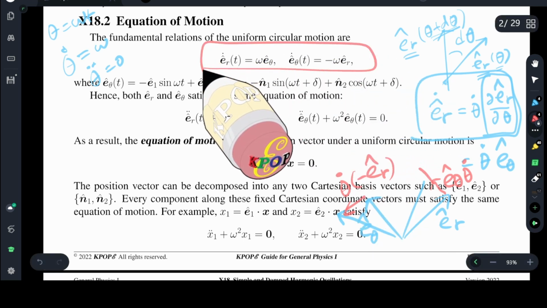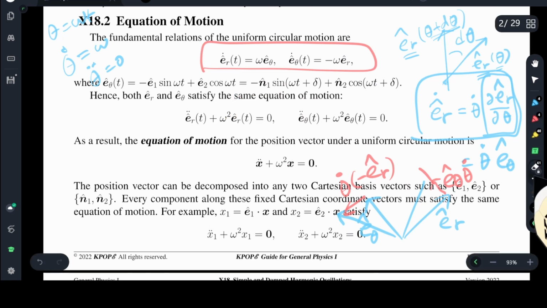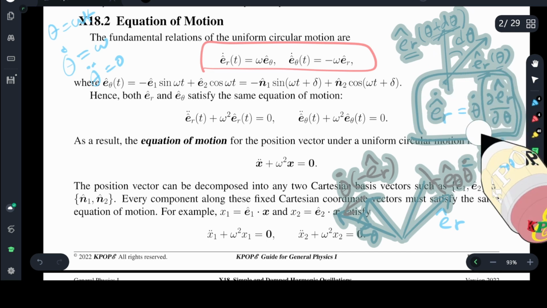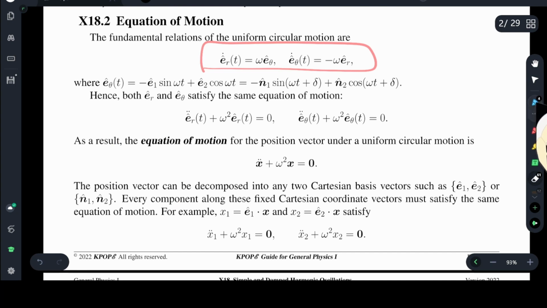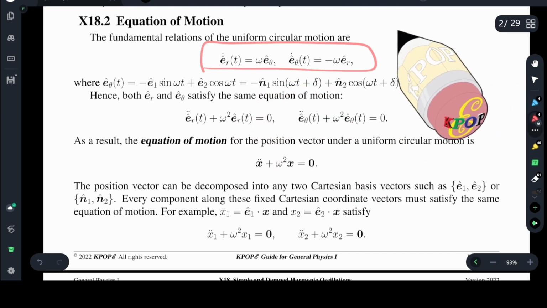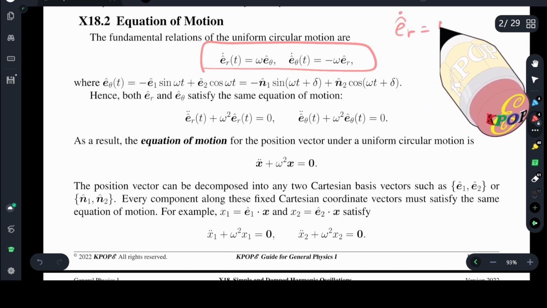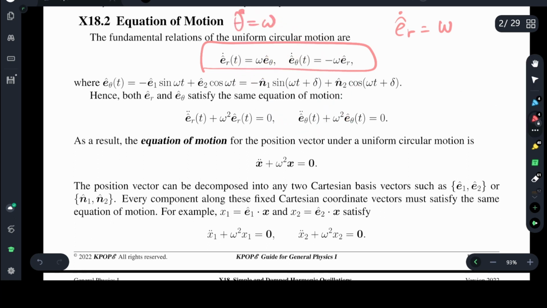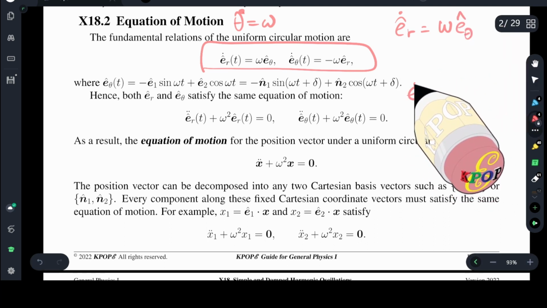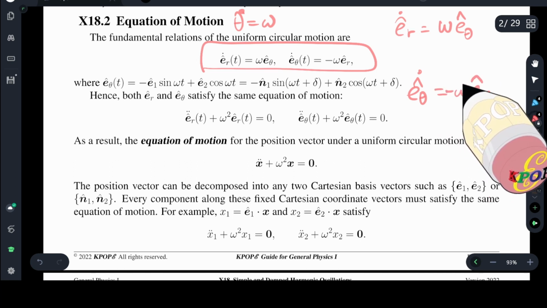Because of this, we have a fundamental relation for the rotation depending on time. If we repeat the time derivative one more time, we can find the equation of motion for the two unit vectors. Here, e r hat dot equals omega e theta hat, where omega is theta dot, and e theta hat dot equals minus omega e r hat.